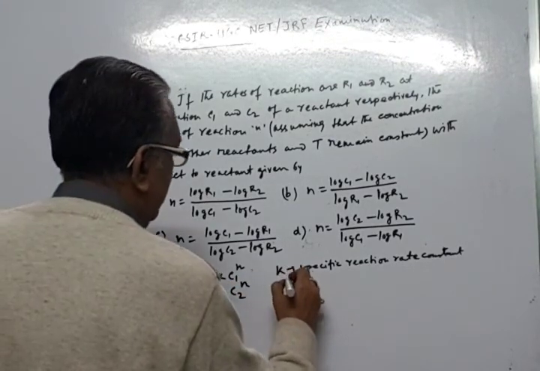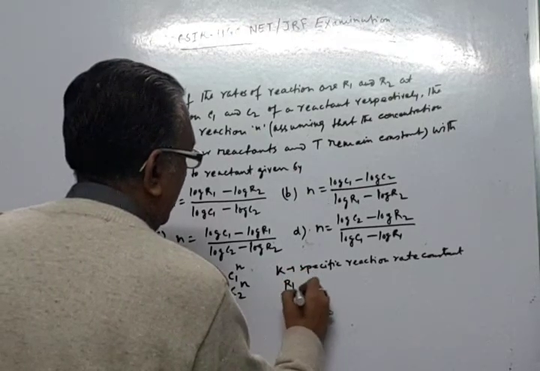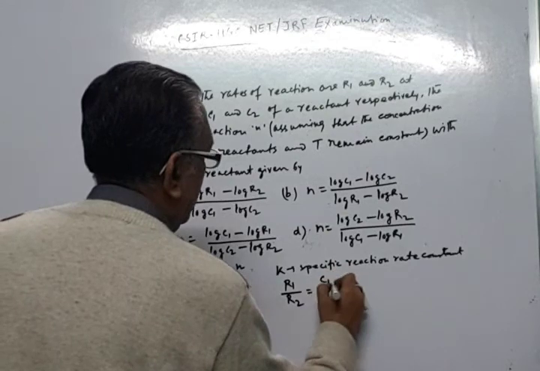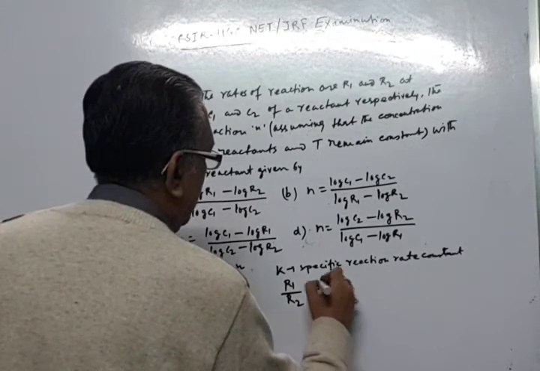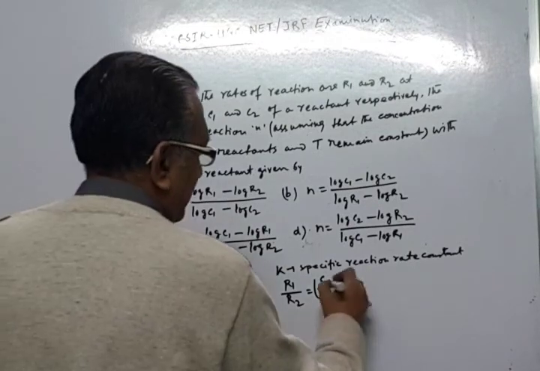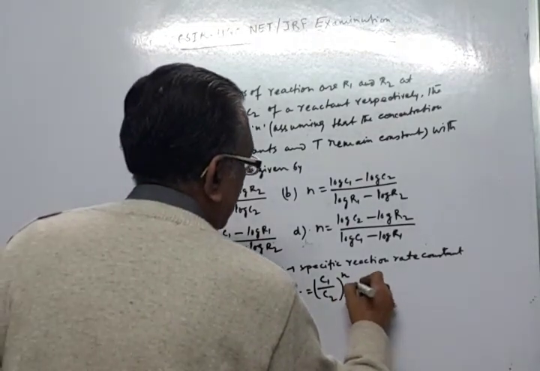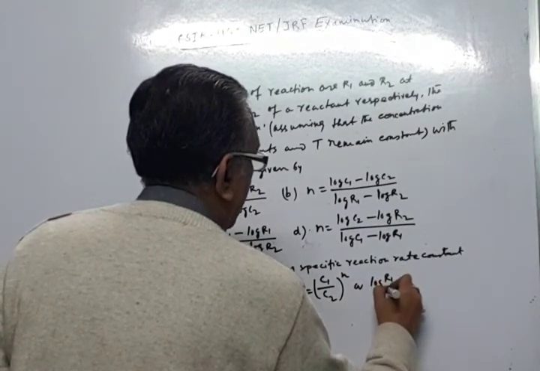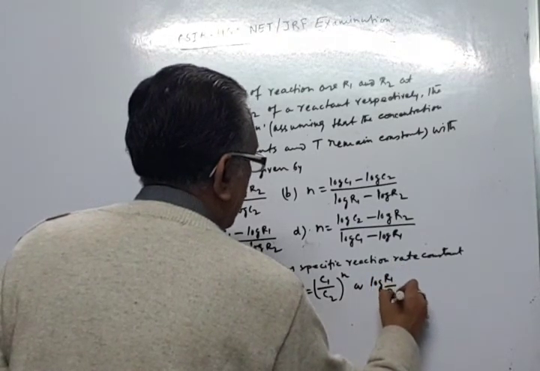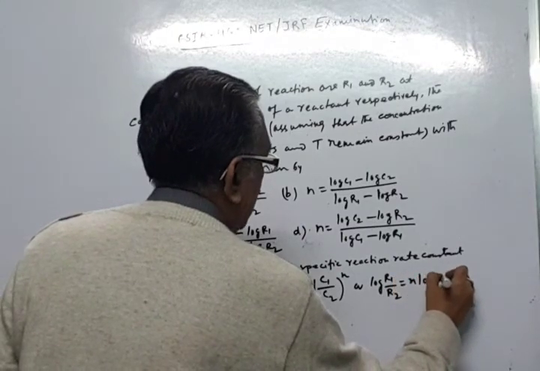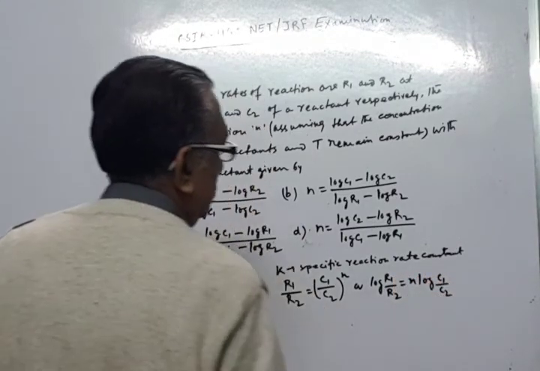So from here we are getting R1 by R2 equal to (C1 by C2) to the power n. Now taking log on both sides, we get log of R1 by R2 equal to n log of C1 by C2.